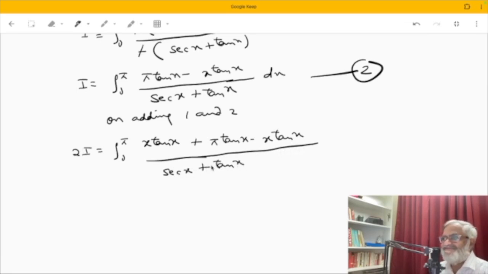So this is the use of the property. Our integration becomes very simple now.